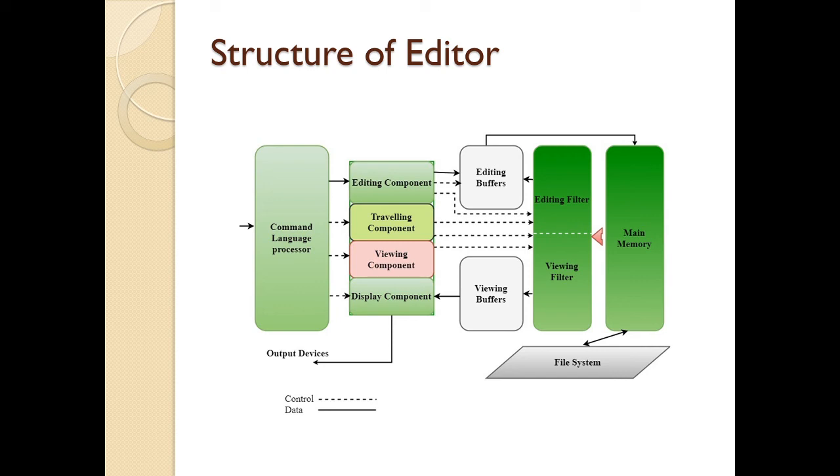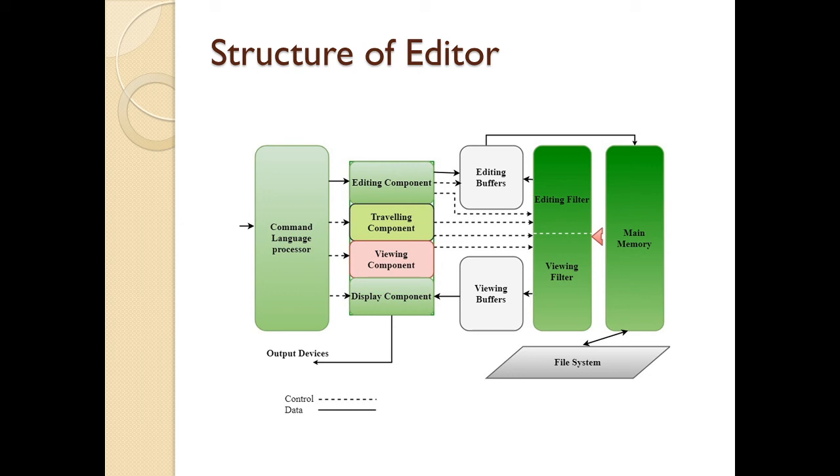This is the structure of an editor. In the structure of an editor, the important components are the editing component, traveling component, viewing component, and display component. The command language processor will take the program as an input towards the editing component. The editing component sends that input towards the editing buffers, and editing buffers are directly stored in main memory.